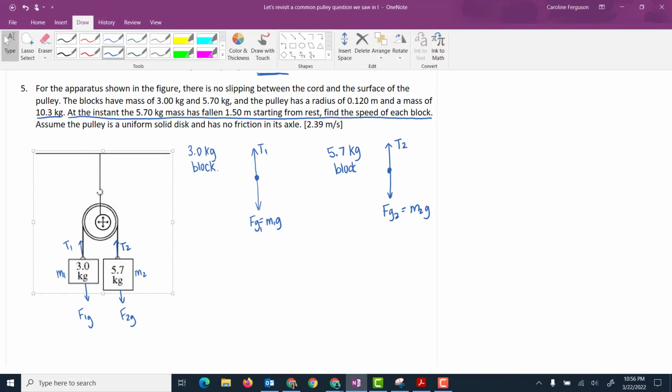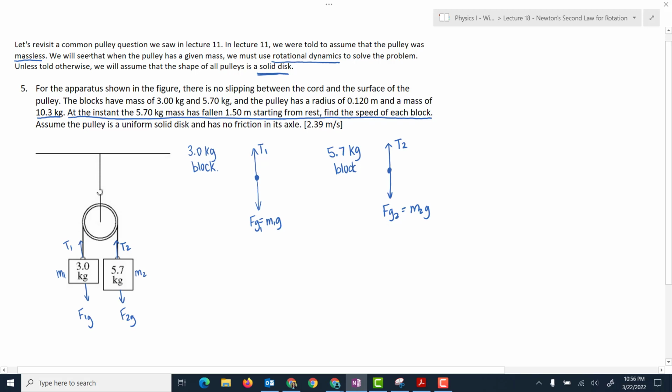Well, just by looking at it, the 5.7 kilogram mass is bigger than the 3.0 kilogram mass, so the whole thing is going to be rotating in this direction. That means the first mass, m1, the 3 kilogram one, is going to be moving upwards, and the 5.7 kilogram mass is going to be moving downwards.